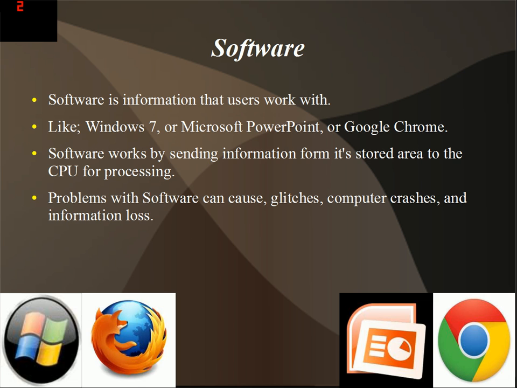Examples of software are Windows 7 or Microsoft PowerPoint or Google Chrome. Software works by sending information stored from the storage area like your hard drives to the CPU for processing. Problems with software can cause glitches, computer crashes, and loss of information.